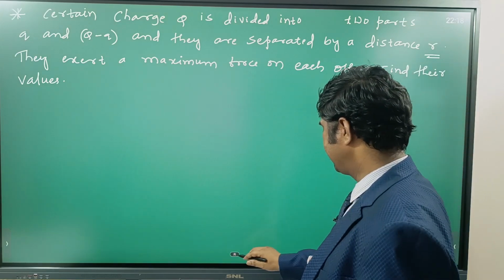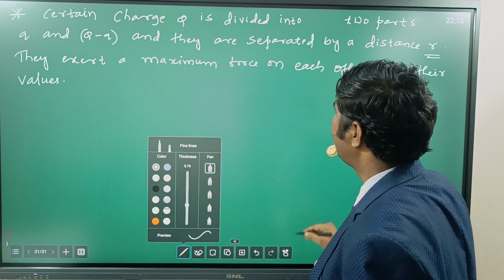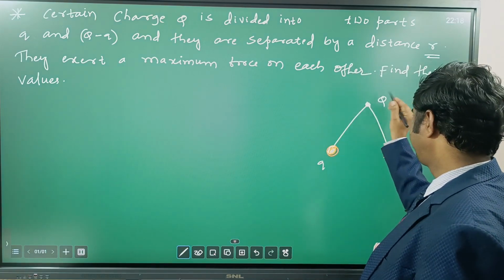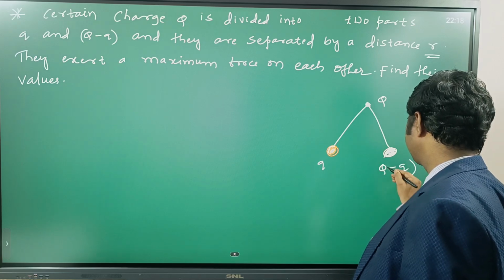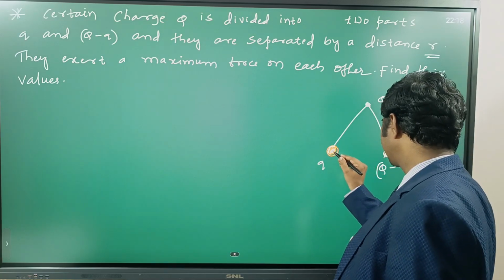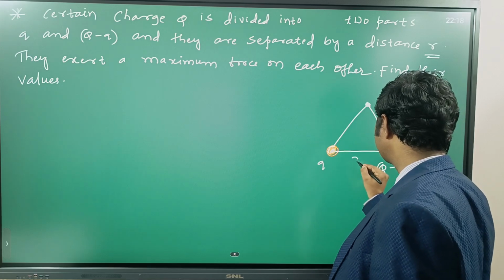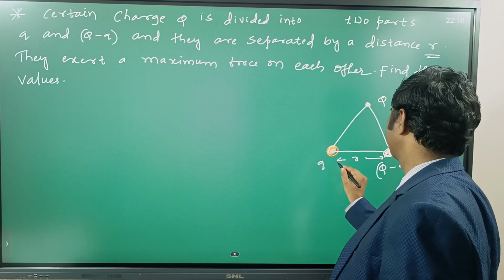The first part has a charge small q, and the other part is Q minus q. And you know the distance between these two charges. What is the distance between these two charges? R is the distance between these two charges.